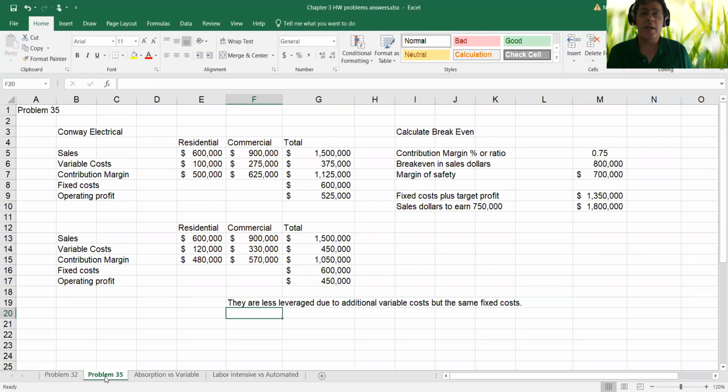This is actually, as labeled, a service company, but it also has two products. And therefore, our information is given to us not on a per unit basis, but on a total basis.